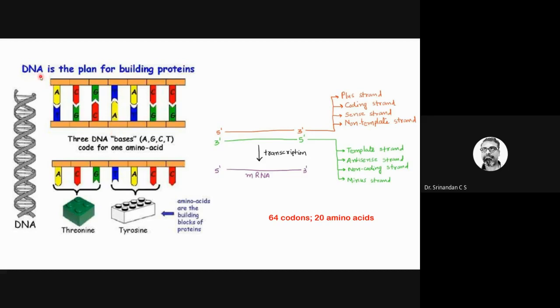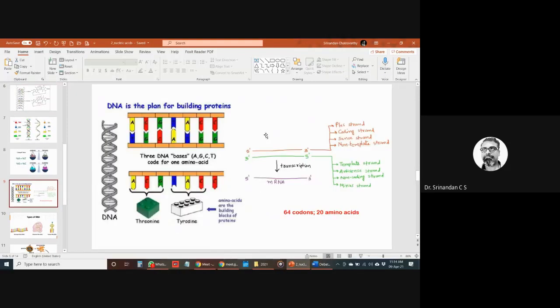See over here, the DNA. If this is the 5 prime end, then there should be the 3 prime end, because, as we have seen after bonding, the 5 prime end has a free phosphate and the 3 prime end has the sugar.